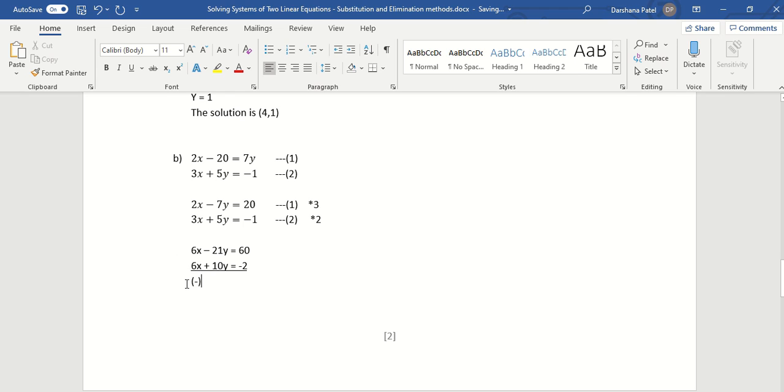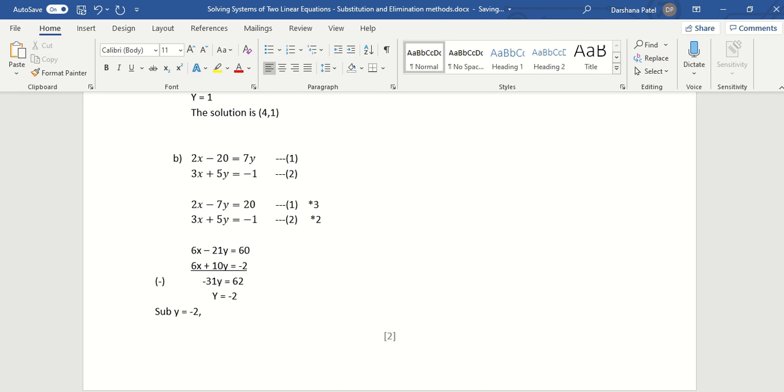So 6x minus 6x will be 0, and then negative 21y subtract 10y will be negative 31y equals 60 subtract negative 2, which will be 60 plus 2, which will be 62. Now that we have this, divide both sides by negative 31, y will end up being negative 2.